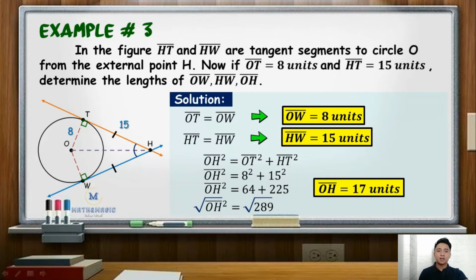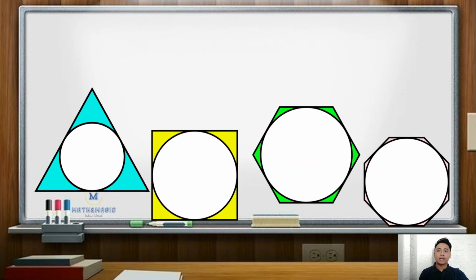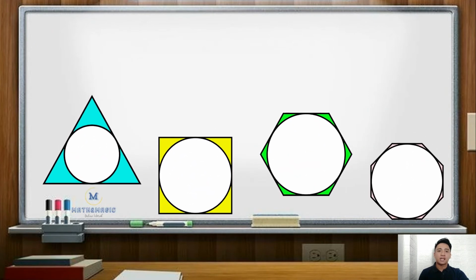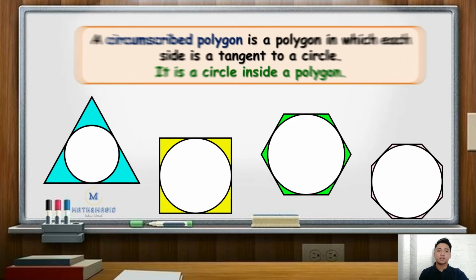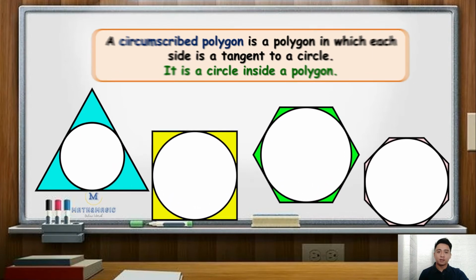Now, as you have noticed, this concept provides the possibility of having a figure enclosed through its tangents. Such figures are called circumscribed polygons. To better understand this, let us consider this example.